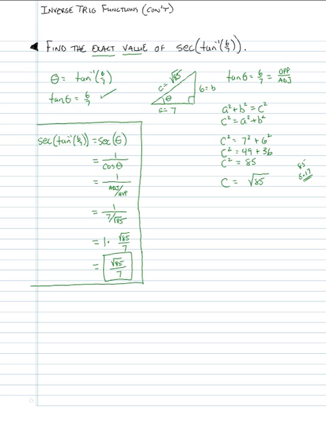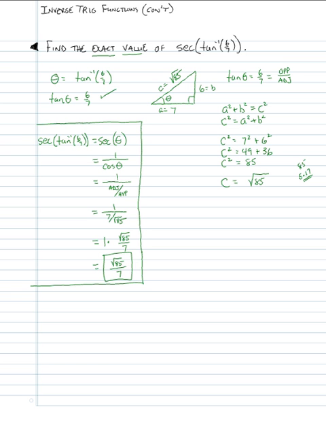Okay, so once again, that's the idea of using this reference right triangle, and we do that when the theta value is not one we're expecting to be a special angle.